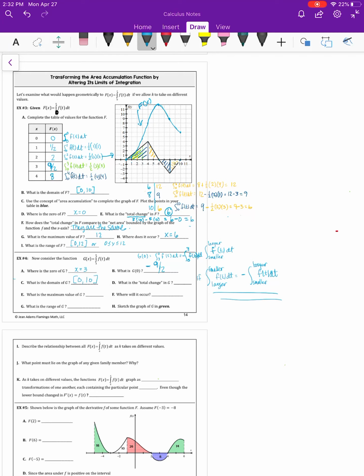And we already saw how our g of 0, because of it starting at a different point, is going to be very different for your g function than it was for your f function.